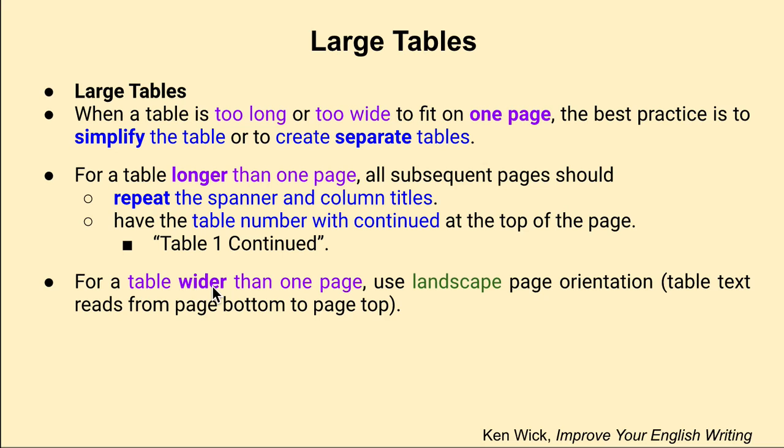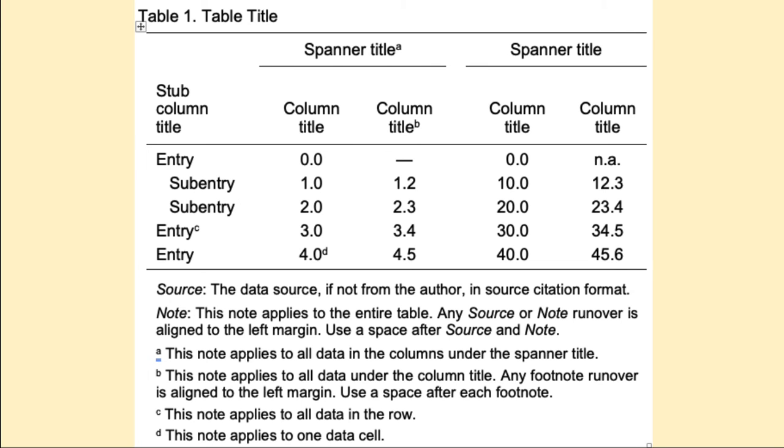For a table wider than one page, use landscape mode. So not portrait, but landscape, where you turn the page sideways. And the table text should read from the bottom to the top of the page. If this table had more columns and it doesn't fit on what's called portrait style of a page, then you can rotate it to landscape view and you would have more room, because a piece of paper is 8.5 by 11, so you could probably get two more columns in here.